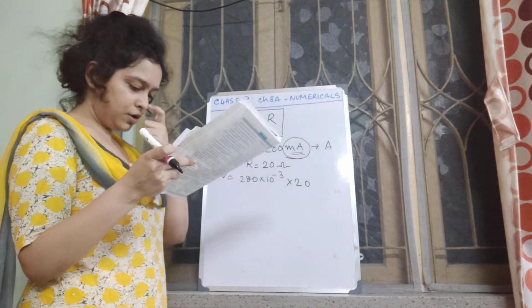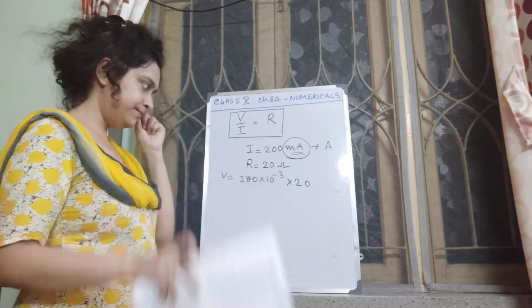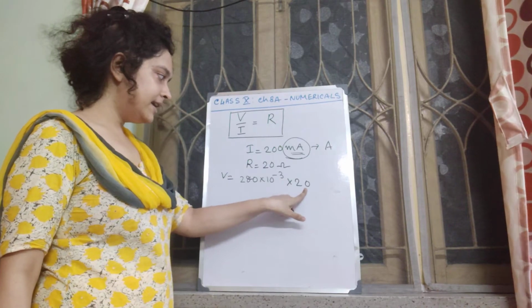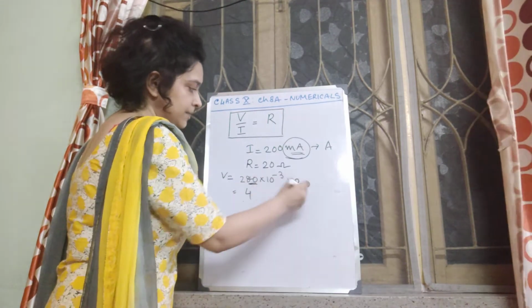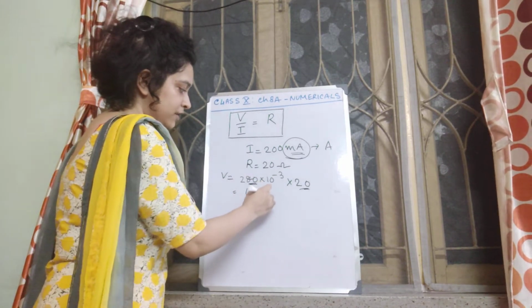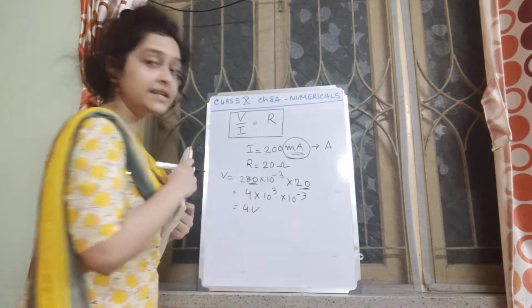Okay? So, you will get the answer obviously in volt. Ultimately you will get 4 into 10 to the power 3 into 10 to the power minus 3. So 4 volt is the answer.